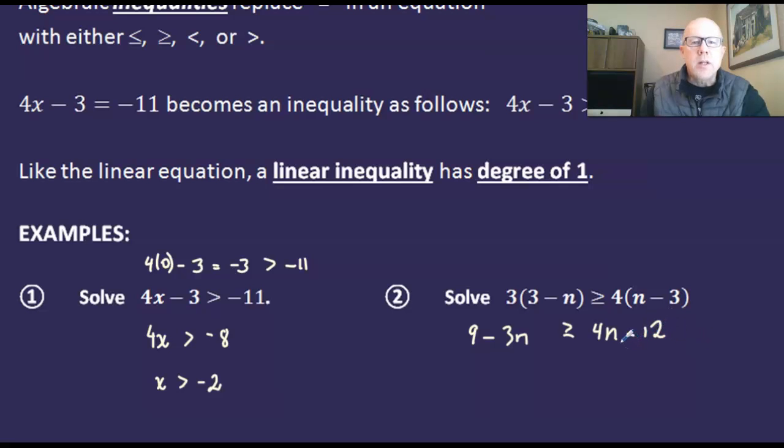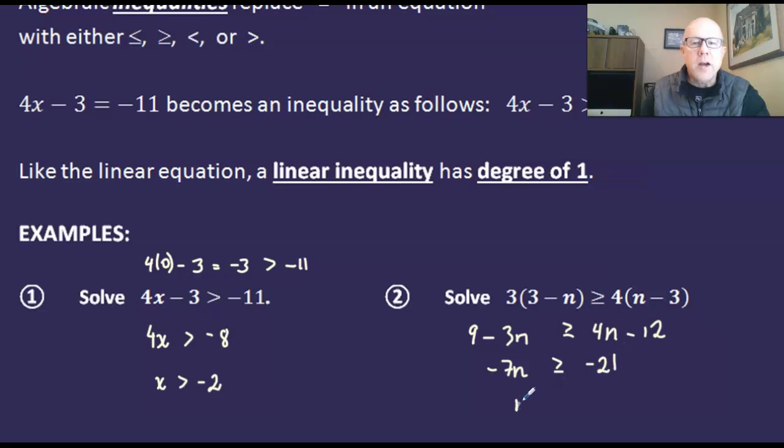Next step is we'll collect the n's to the left side and the numbers to the right side. So we have negative 3n minus 4n gives us a negative 7n greater than or equal to, and then we have minus 12 minus 9 gives us minus 21.